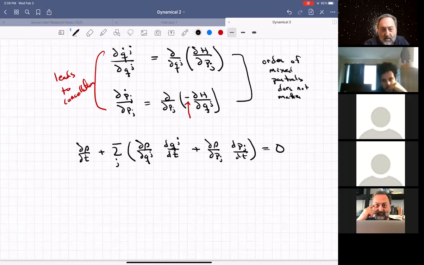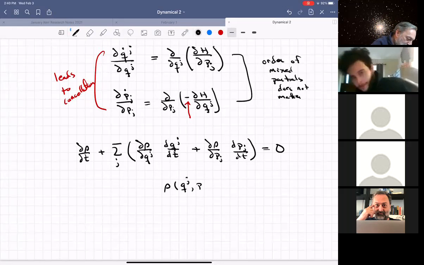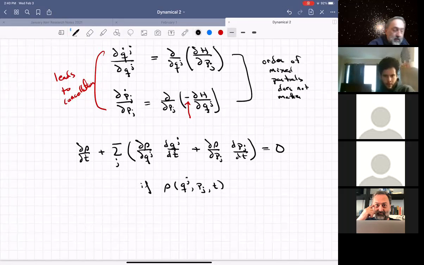And now if I look at what's in the parentheses, if rho is a function of qj, pj, and time, and I wanted to take the time derivative of some function which depended on a whole bunch of q's, a whole bunch of p's, and the time coordinate itself, I would use the chain rule.